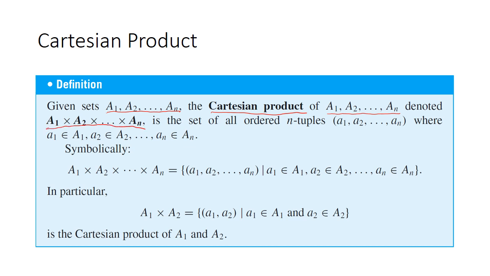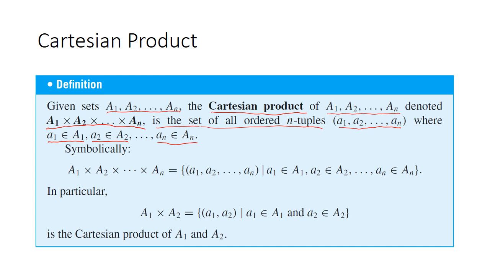So you just put the times symbol in between all of them. And that is going to consist of all of the ordered n-tuples (a1, a2, up through an), where, this is the important part, the element a1 is from the set A1, the element a2 is from the set A2, and so on and so forth up to the last set. Okay? So it works just like the Cartesian product that we'd seen before, but just with more sets.